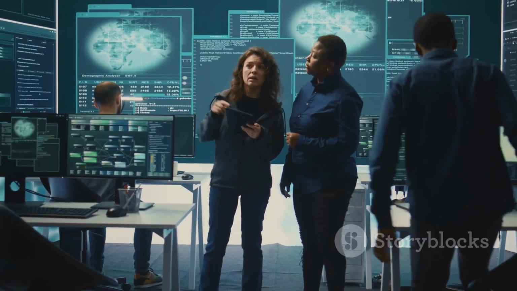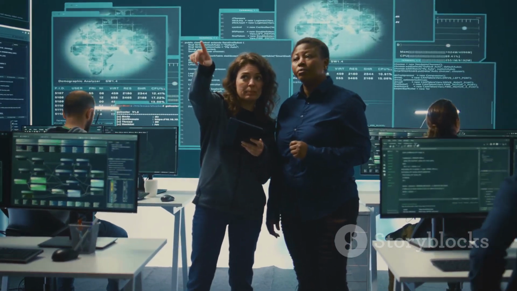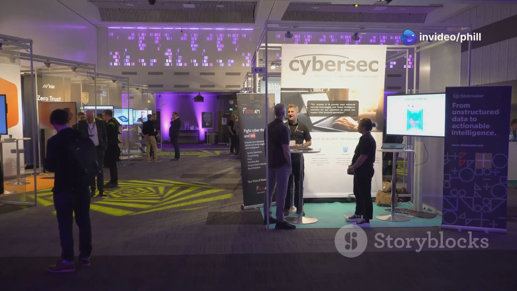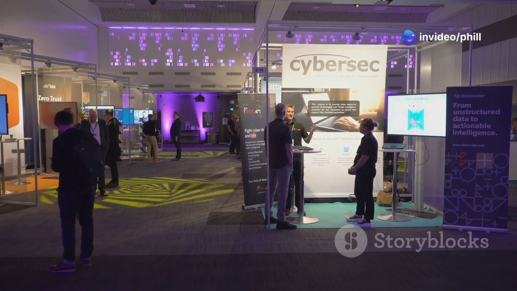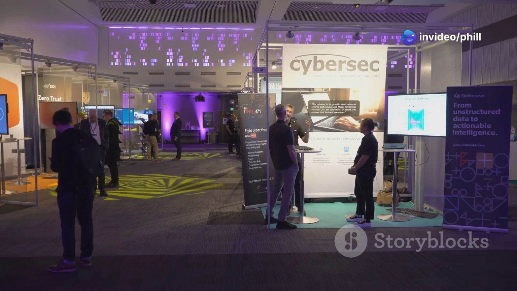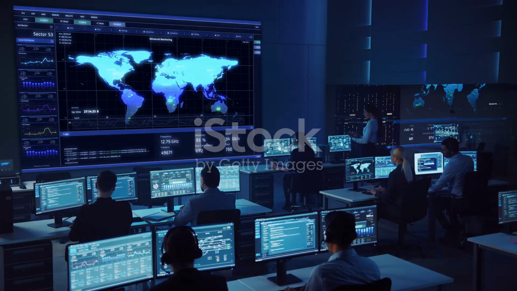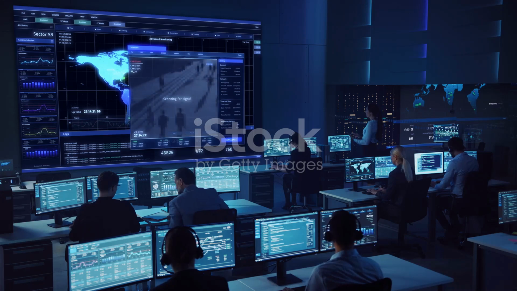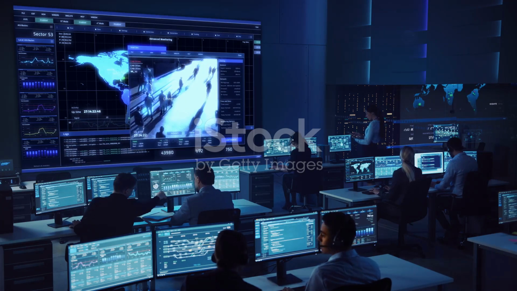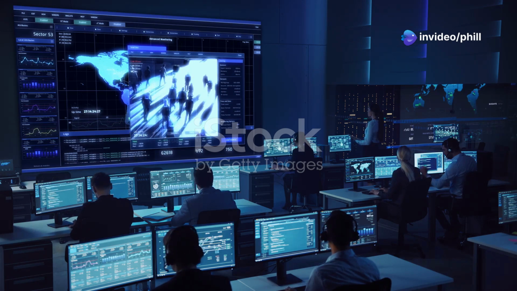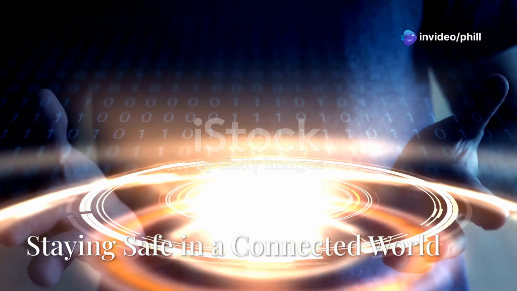Sharing information about threats, vulnerabilities, and best practices is crucial for staying ahead of attackers. Organizations should participate in industry forums, collaborate with security researchers, and stay informed about the latest security trends. By embracing new technologies, fostering collaboration, and remaining vigilant, we can navigate the evolving landscape of cybersecurity and create a safer digital future.